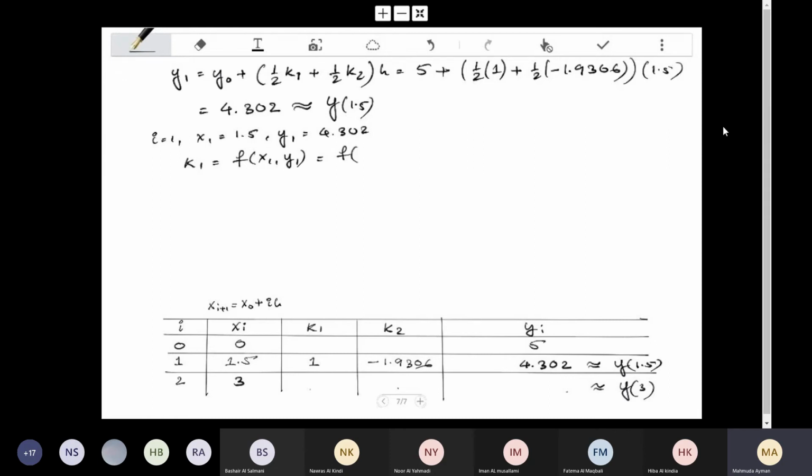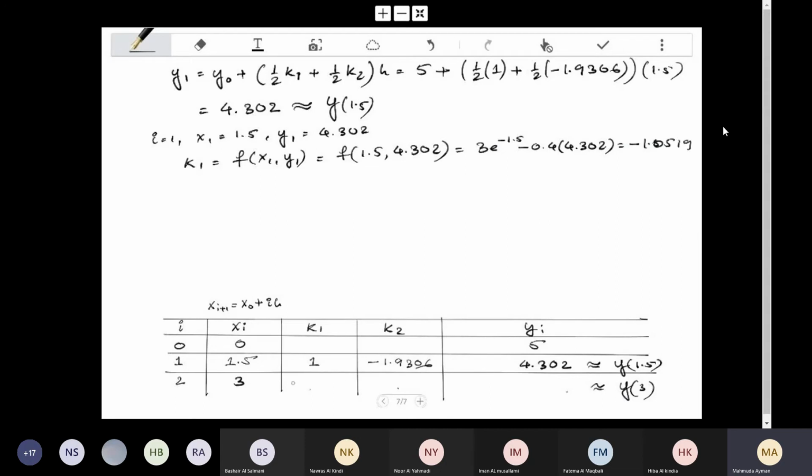So we'll have here f of x1, where x1 is 1.5 and y1 is 4.302, and we'll put these values inside our function, which is 3e to the power minus 1.5 minus 0.4 times y, which is 4.302, and this is equal to minus 1.0519.